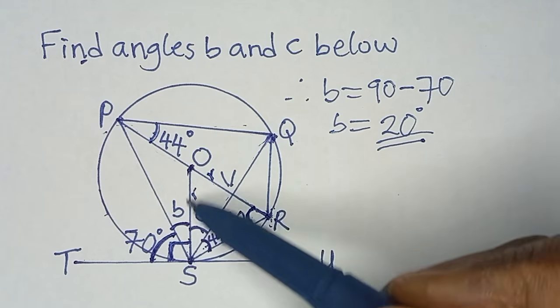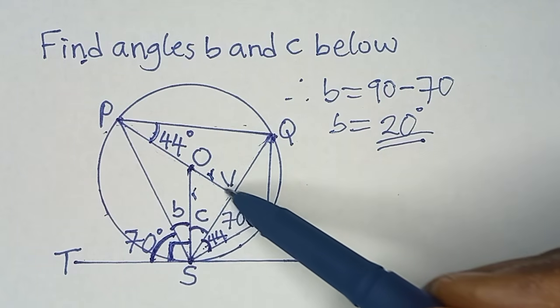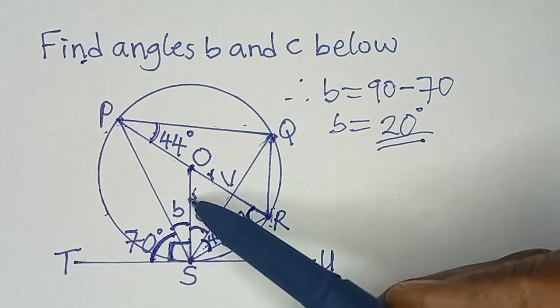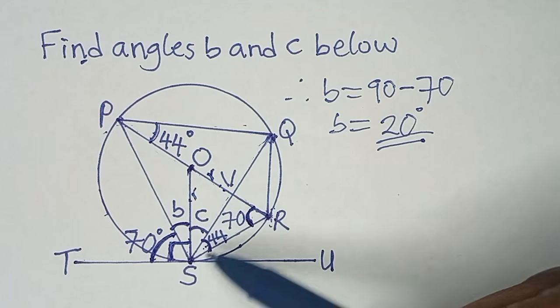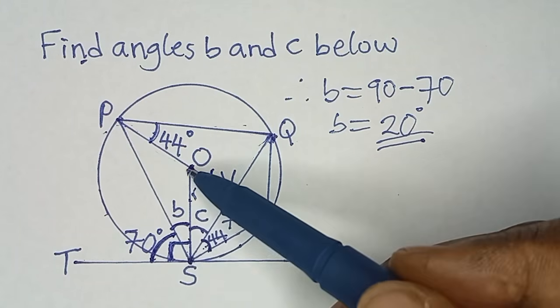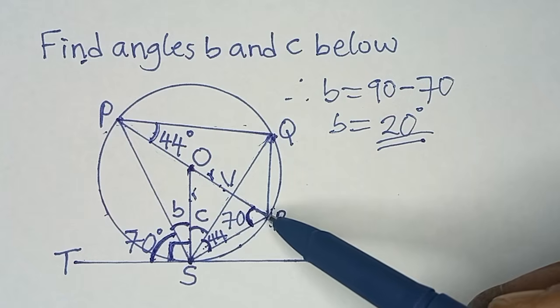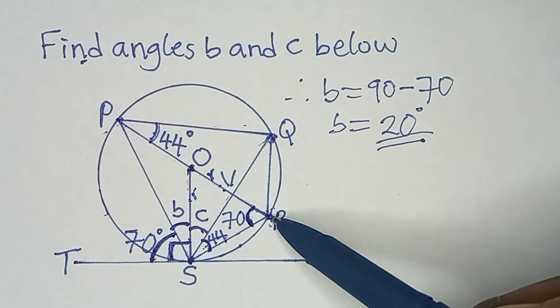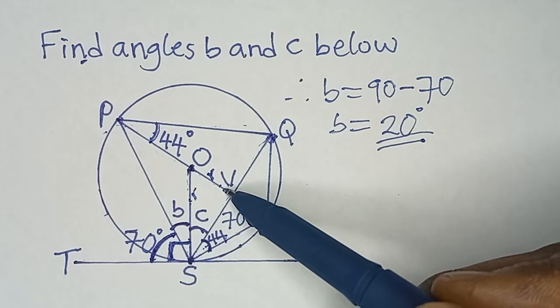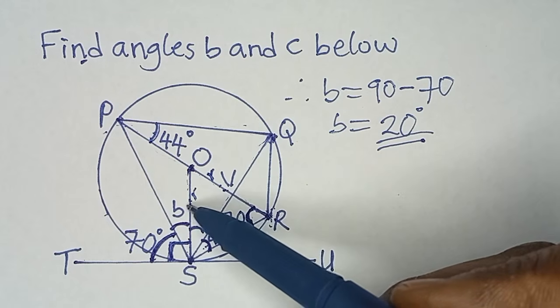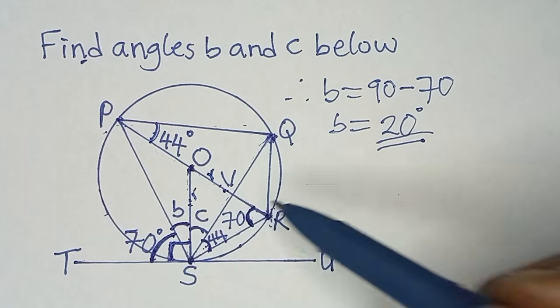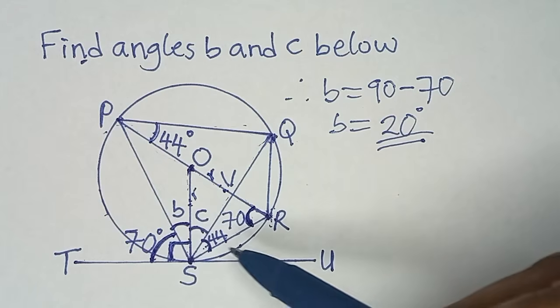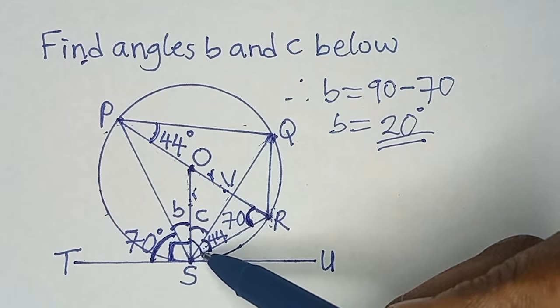So that tells us that this line is a radius and this line is also a radius, meaning that these two sides are equal. With respect to this triangle SOR, you agree with me that since the triangle is an isosceles triangle with two sides equal, it also means that the base angles will also be equal.